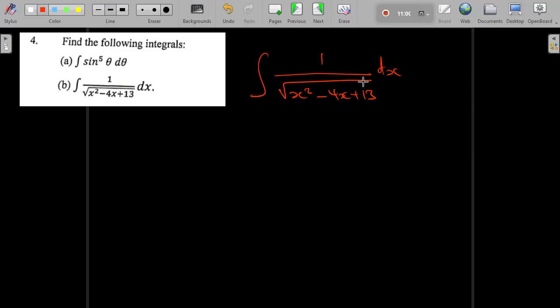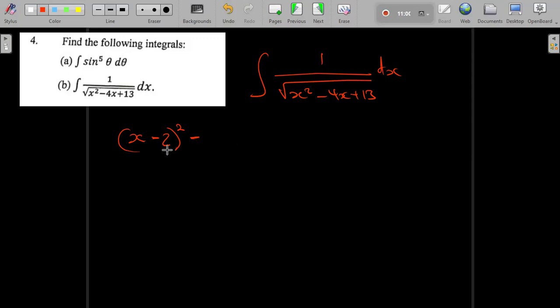But before I do that, I must complete the square in there to see, do I get any of the standard forms of a trig or hyperbolic substitution? So let me complete the square. So that will be x minus, half of the 4 gives me 2, then I square it.